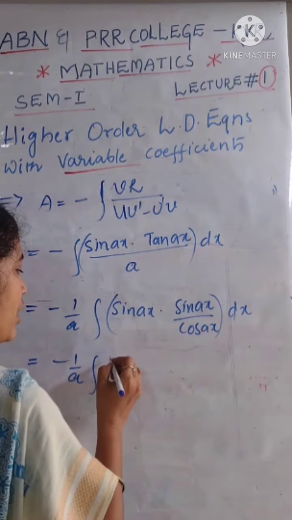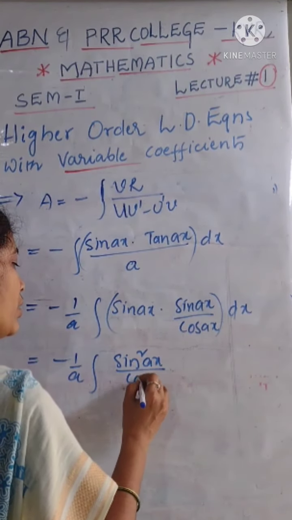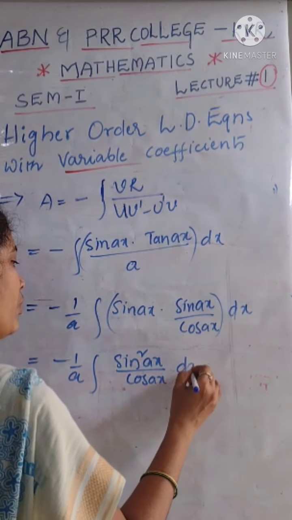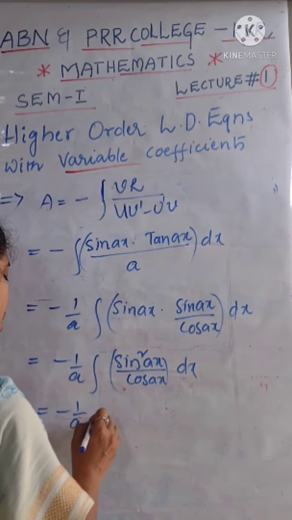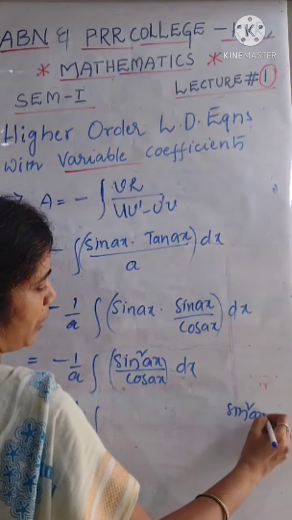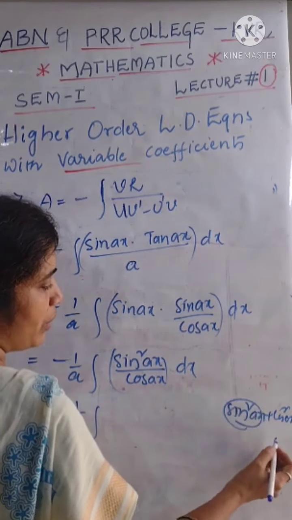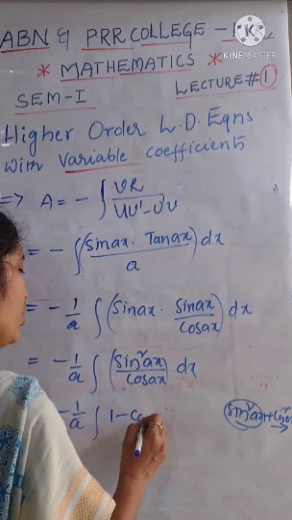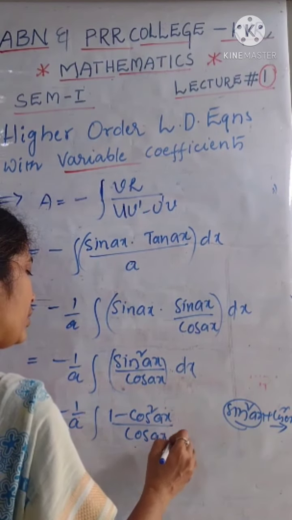Sin ax into sin ax gives sin square ax by cos ax. How can we write sin square ax? We have sin square ax plus cos square ax is equal to 1. From this, sin square ax can be written as 1 minus cos square ax, by cos ax.